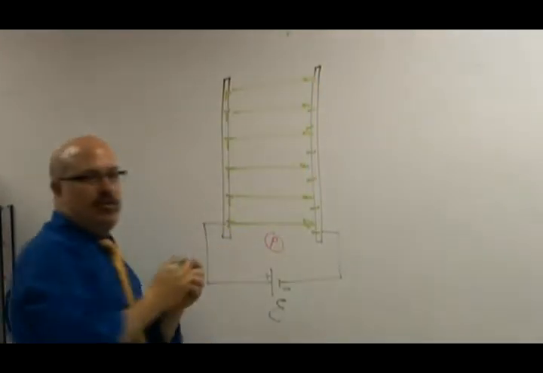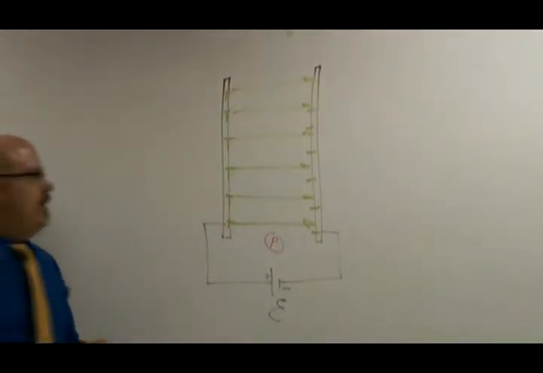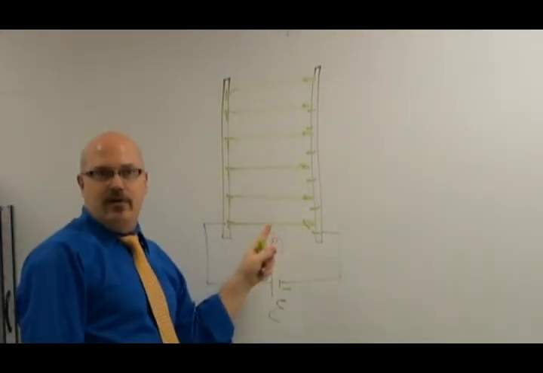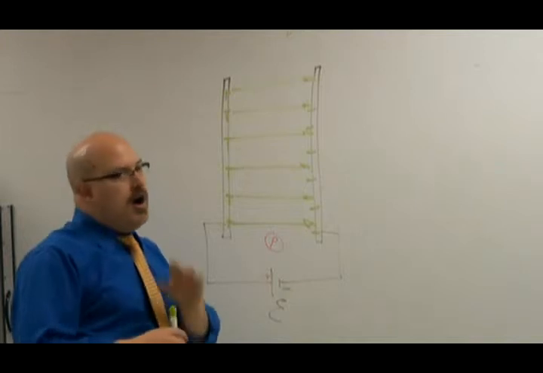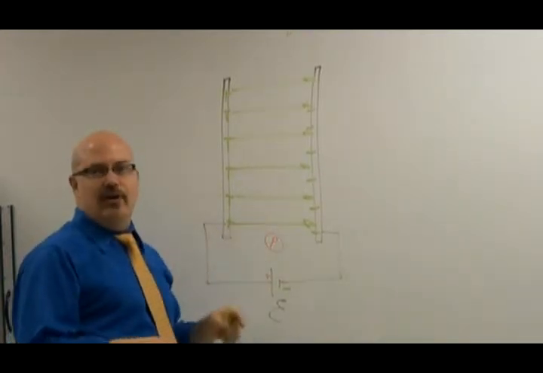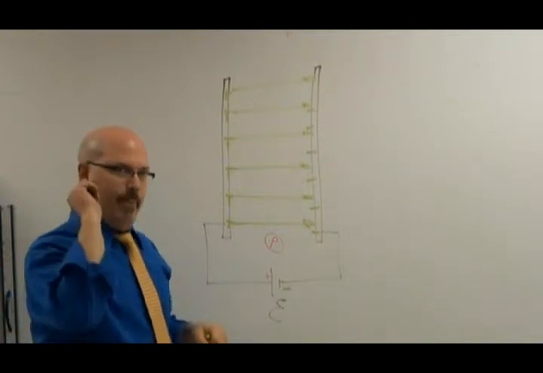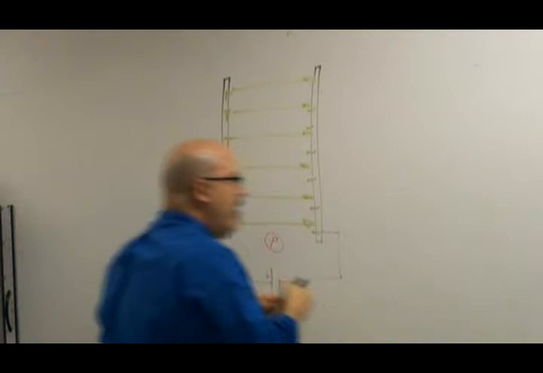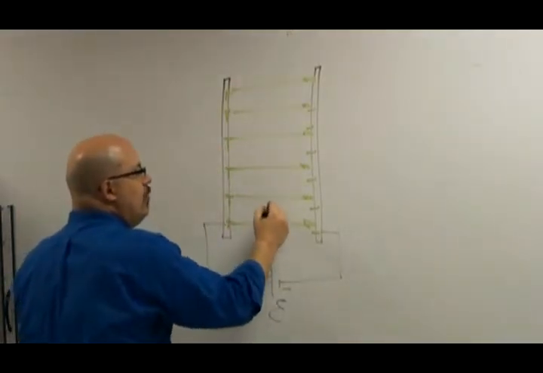Okay, now when a proton is in an electric field, protons are positive. So a positive charge in an electric field gets a force which way? With the field. Parallel to the field. So this proton, when it's right here, gets a force that way.